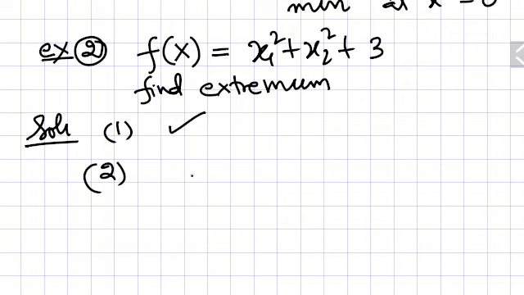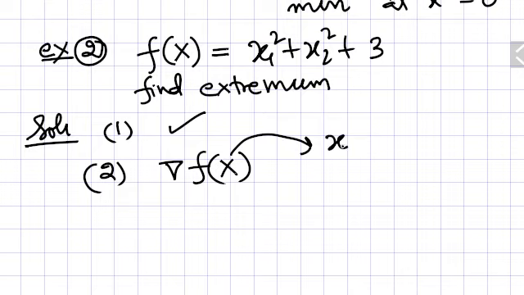Number 2, you have to find this thing. So here actually it is different from the first example. Here you can write it this way. It is a set of 2 variables actually now.